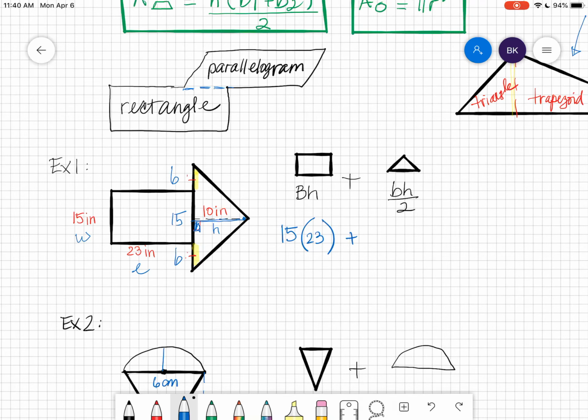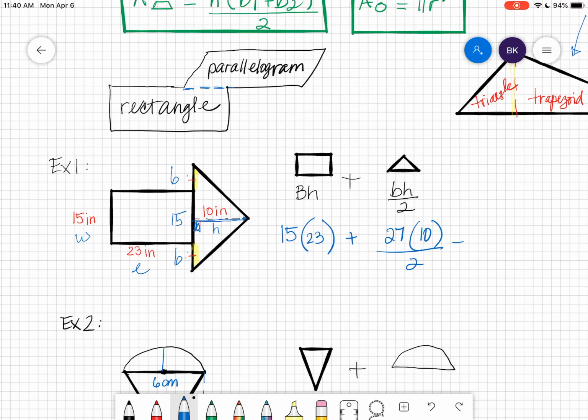I think I forgot to write that in. So 15 plus 6 and 6 will be 27. So we're just going to write base, which is 27, times the height, which is 10, and everything divided by 2.